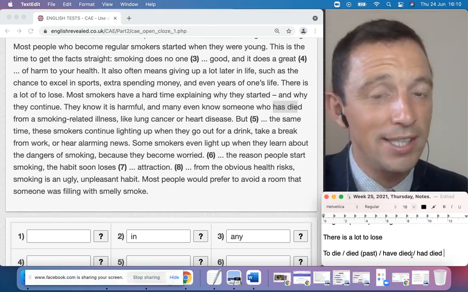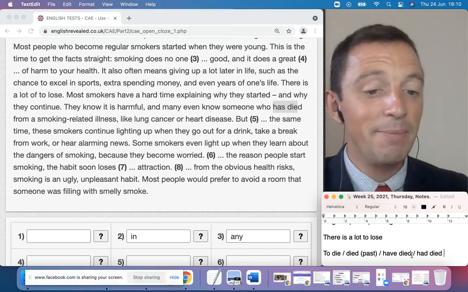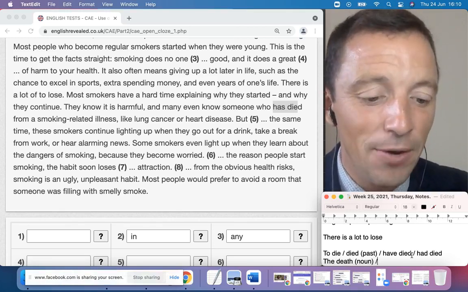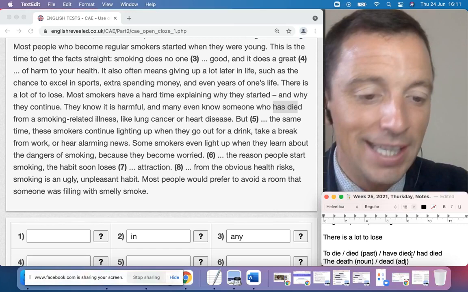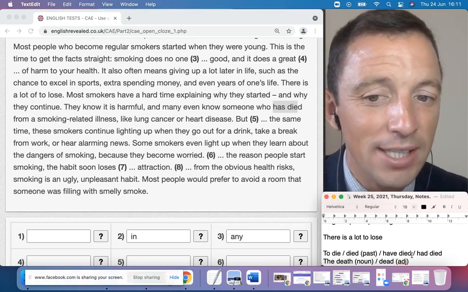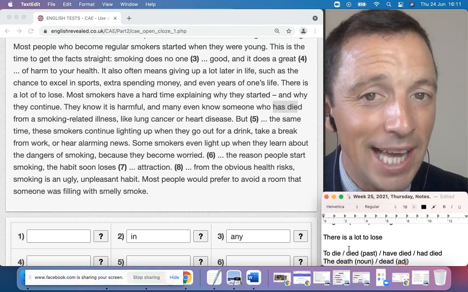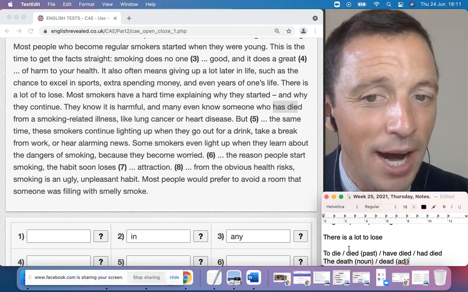So just an interesting structure, but you need to be clear with the noun. We say the death. So the death is the noun and the adjective is dead. Very important details for all the vocabulary here.